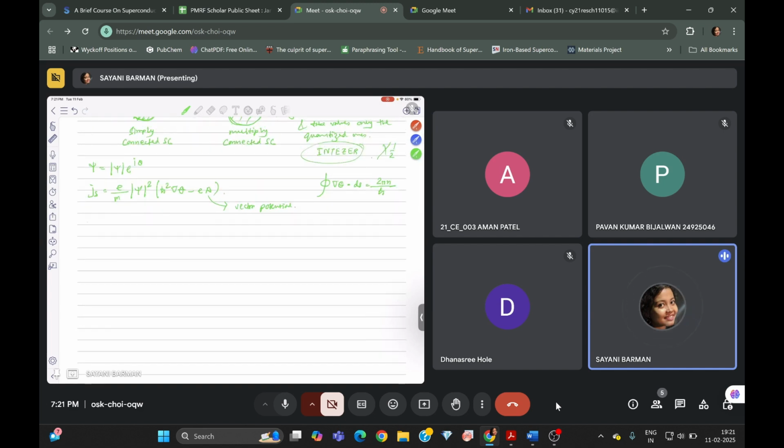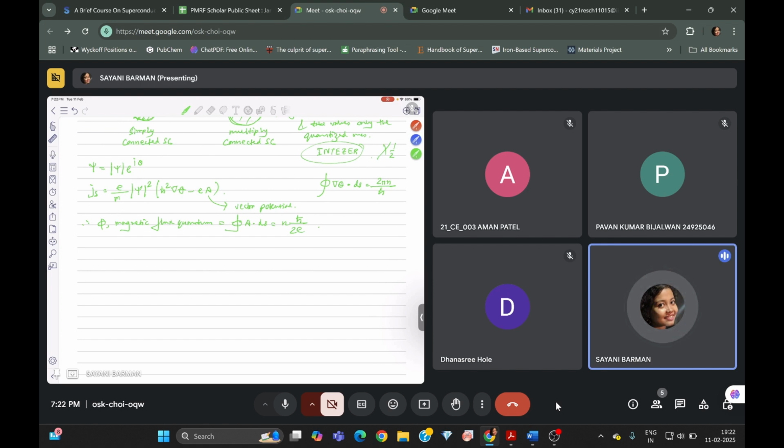Now the magnetic flux quantum will be phi, equal to n into h by 2e.